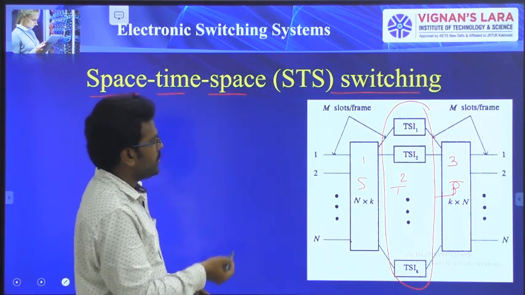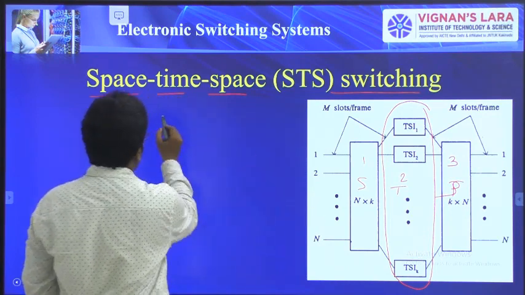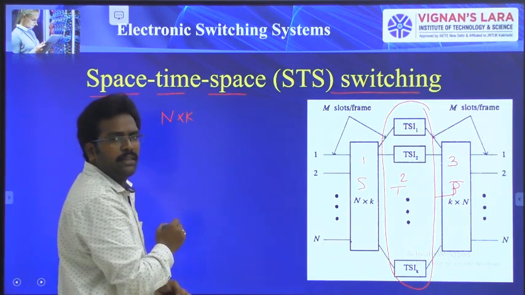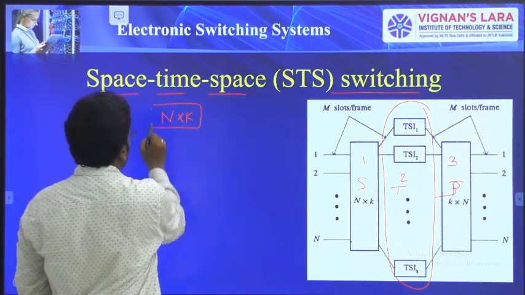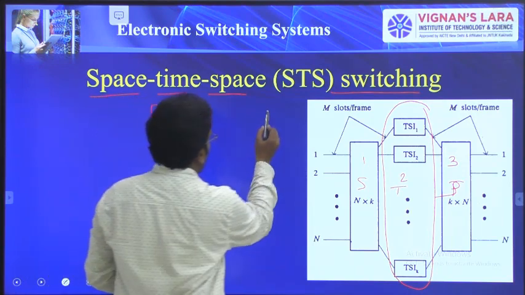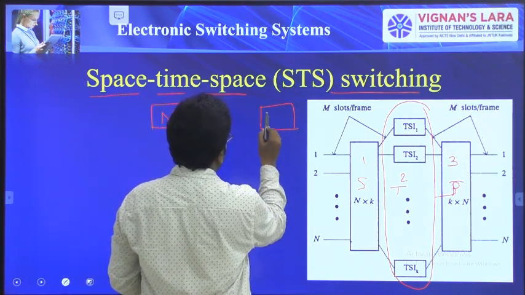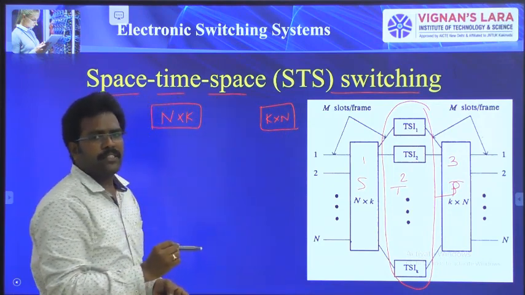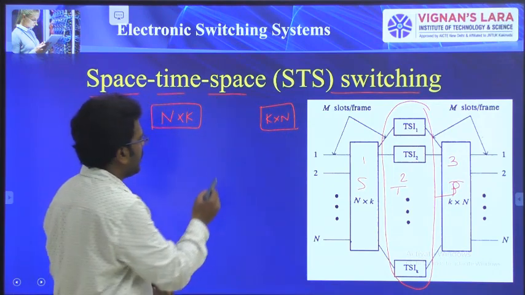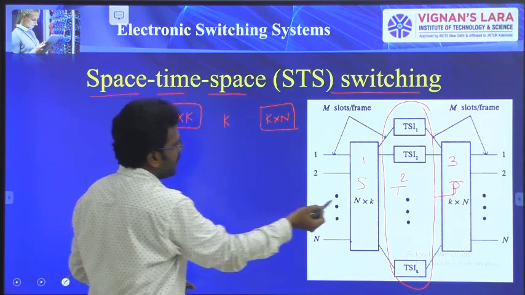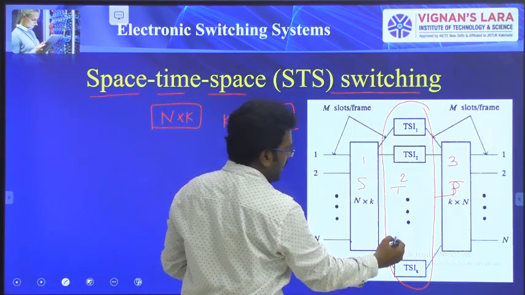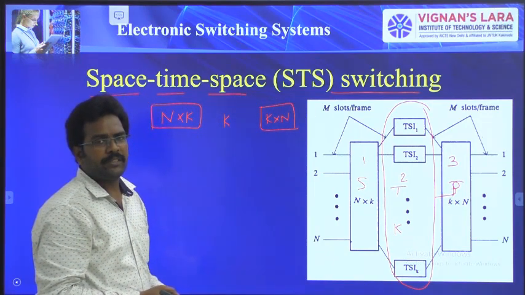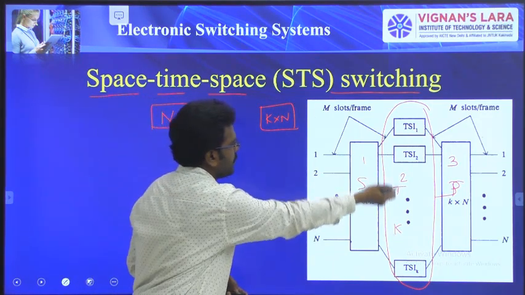In this structure, you can observe that the first stage contains an N cross K space switch, and the output side contains a K cross N space switch. Therefore, what must be the size of the time switch? It must be K. Therefore, the second stage contains K time slot interchange units.